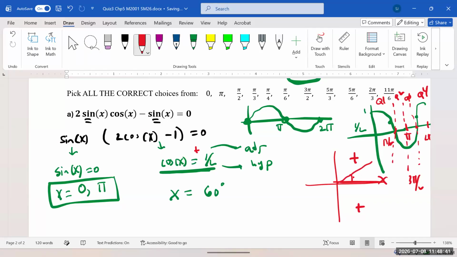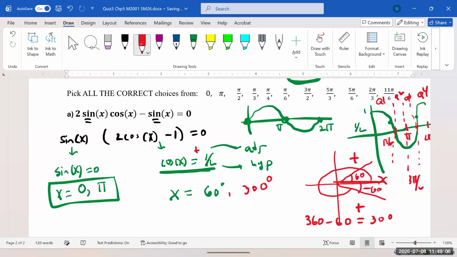The first quadrant is 60, so in the fourth quadrant, it must be negative 60. But we cannot have a negative answer, so we have to give the big angle, 360 minus 60, which is 300 degree. So our second answer is 300 degree.